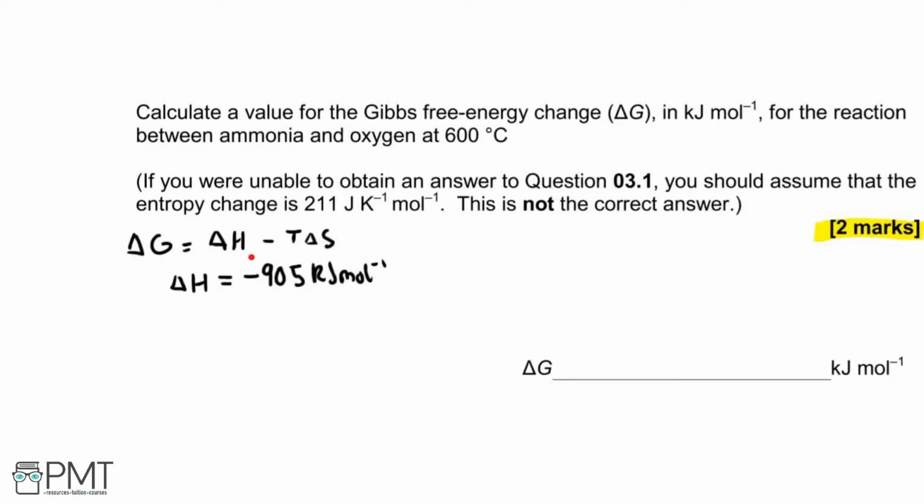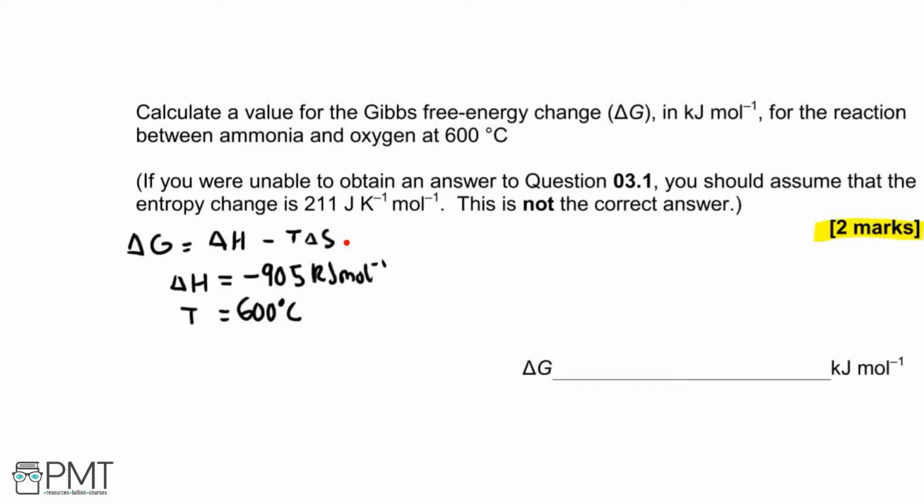Next up in our equation after our enthalpy change is temperature. The question tells us here that the temperature is 600 degrees Celsius. However, looking at the units for our entropy change, we can see that temperature is not measured in degrees Celsius. In fact, this is the case whenever we are calculating the Gibbs free energy change.